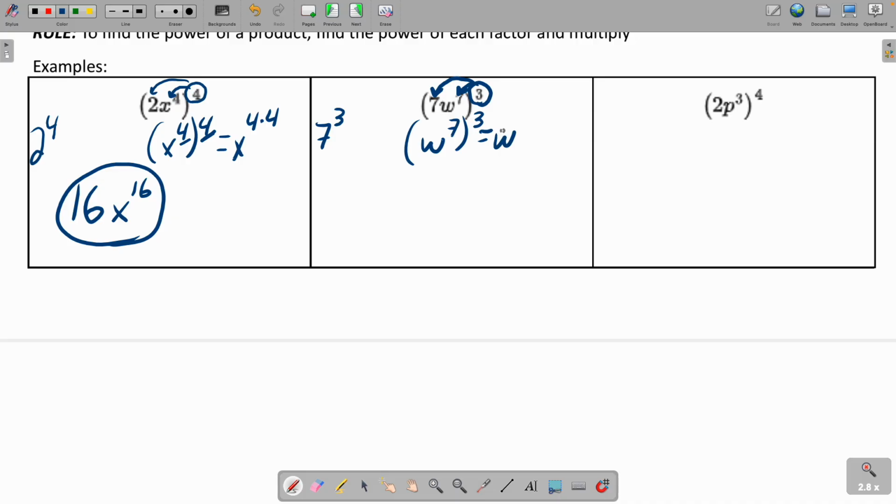So we're taking 7 times 3, which is 21. Then we would take 7 times 7, which is 49, times that third 7, which is 343. So we would write that with w to the 21st.